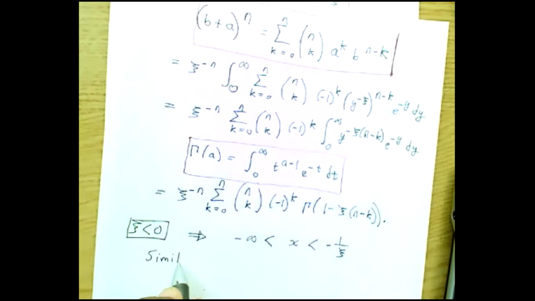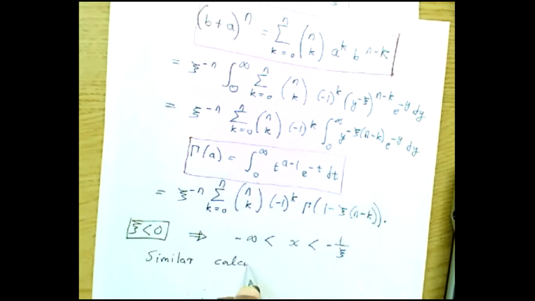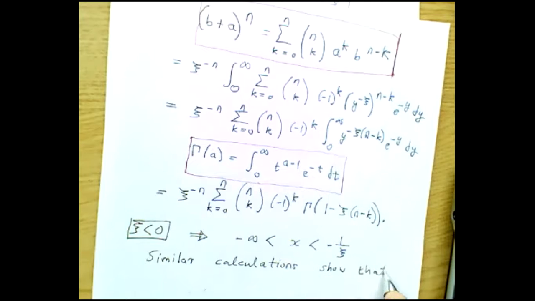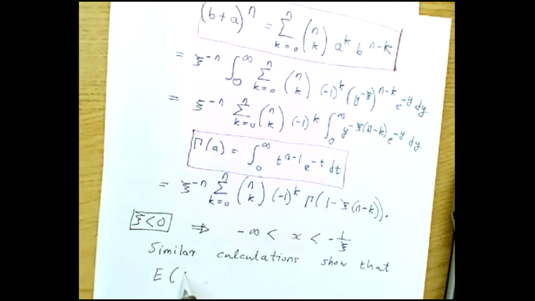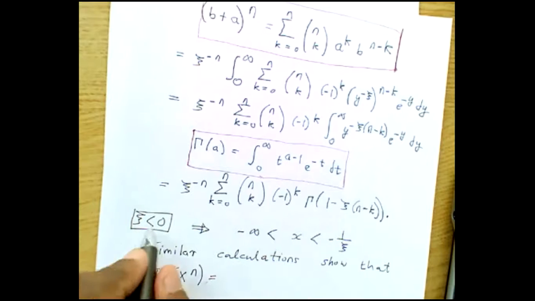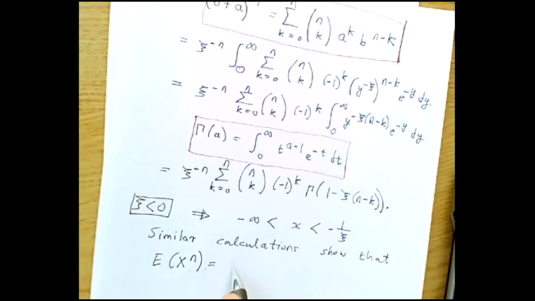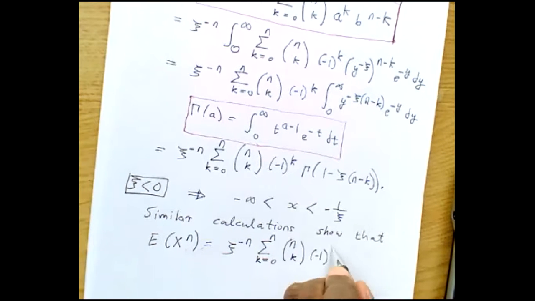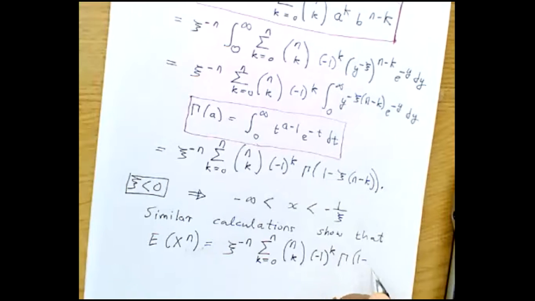Similar calculations to the above show that the expected value of x to the power n in this case is equal to this.